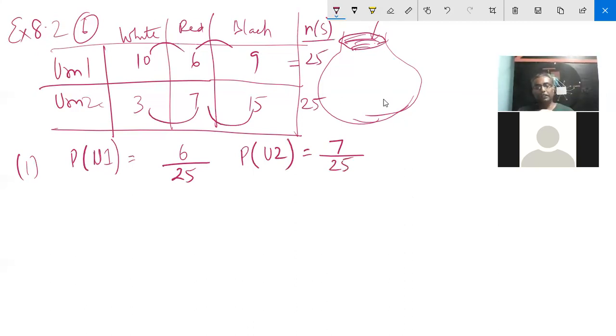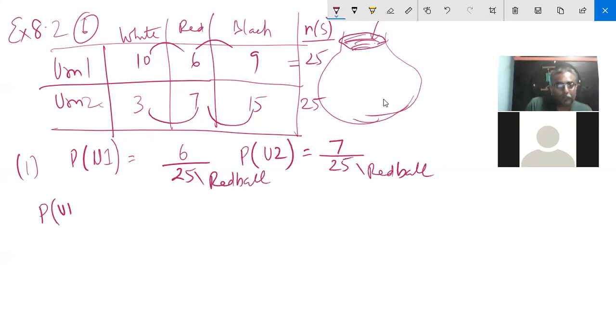Now individually, you take from the first urn, it is 6 by 25. You take from the second urn, a red ball coming is okay. This is also individually a red ball coming. Both are red balls means P of urn 1 intersection P of urn 2. Red ball coming from here, red ball coming from the second.